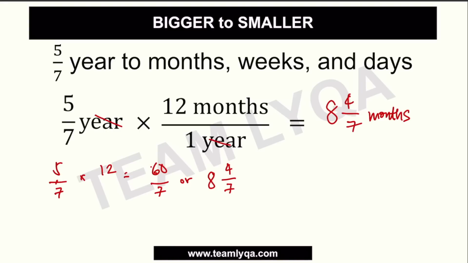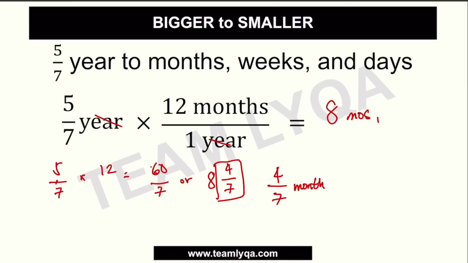Now, kung gusto niya specific, as in, yung 4/7 gagawin pa nating weeks, tapos gagawin pa nating days, what can we do? Now, alam na natin meron kang 8 months. Ang gagawin natin next is yung 4/7, itatabi ko muna. So here you have 8 months, abang to. Tapos yung 4 over 7, tatanungin natin, ano siya in weeks? Now, yung 4 over 7 na yan, that is 4 over 7 ng isang month.